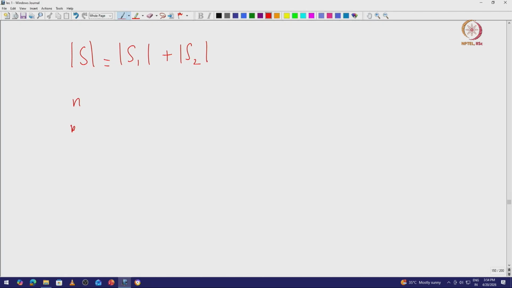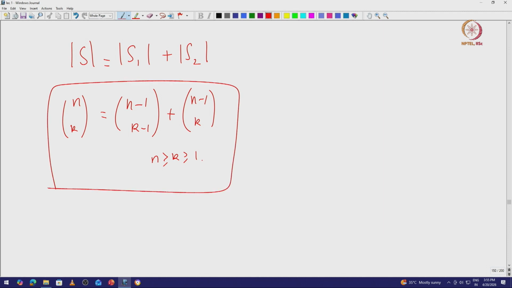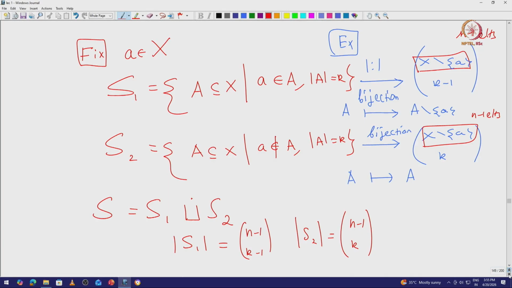So, that means we have proved that n choose k is the same as n minus 1 choose k minus 1 plus n minus 1 choose k, and this is true for all n greater than or equal to k greater than or equal to 1. And this is what is called the Pascal identity, which one can prove using induction as well. But anyway, these two different ways of counting actually give different proofs.